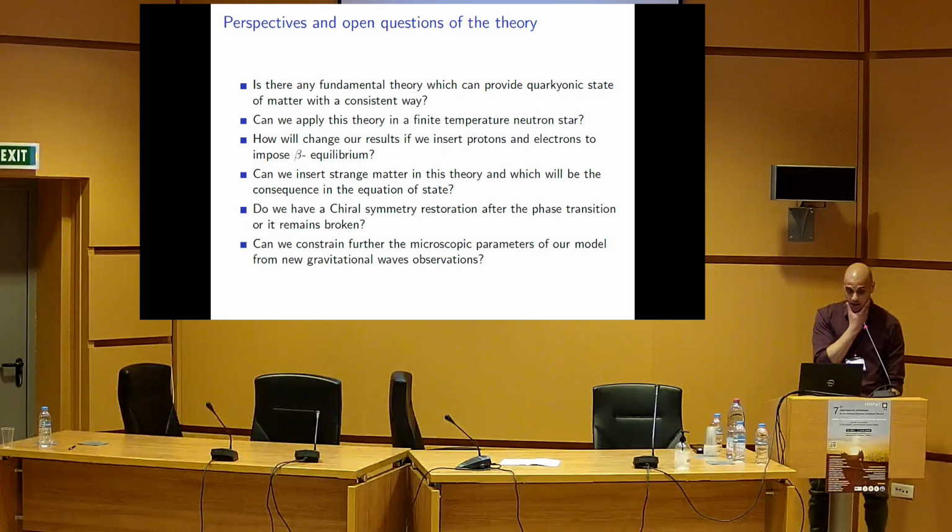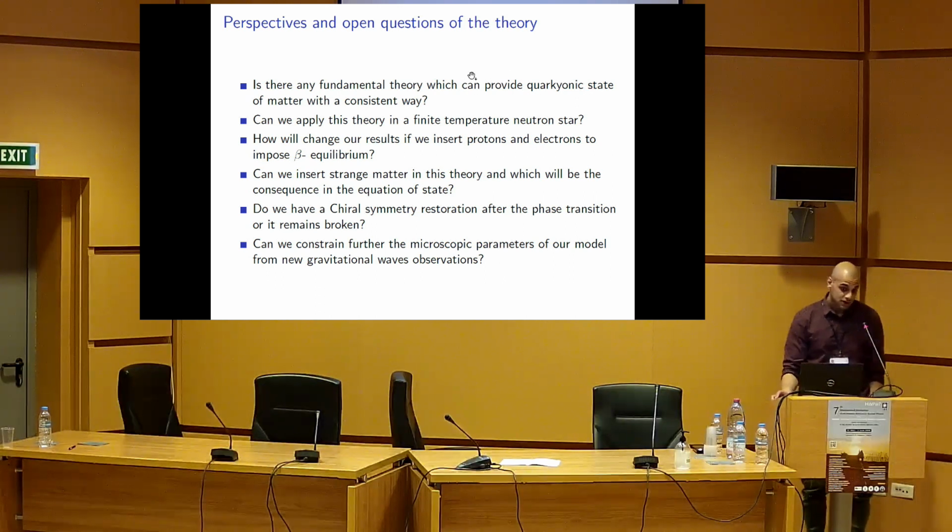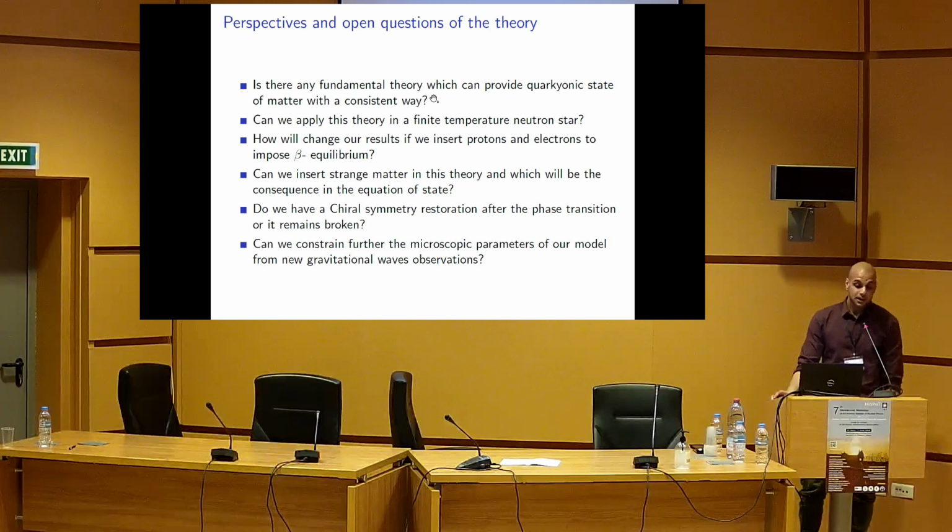Also, we have to note some interesting perspectives and some open questions of this theory. First of all, is there any fundamental theory which can provide this state of matter in a consistent way? Also, can we apply this theory in a finite temperature neutron star?